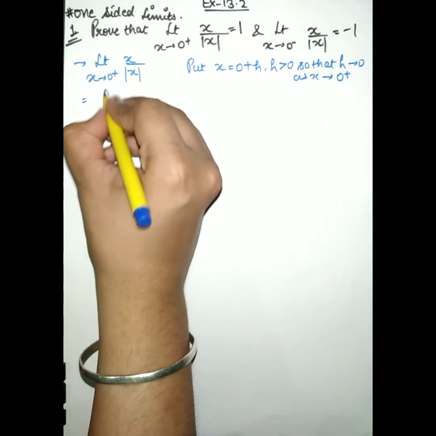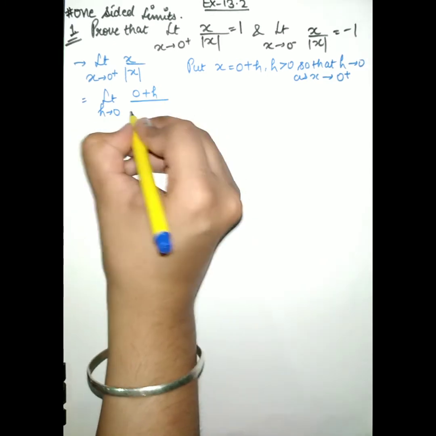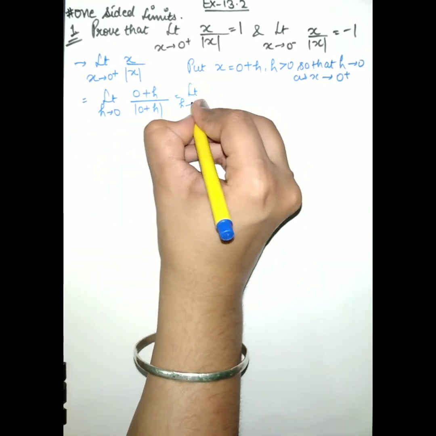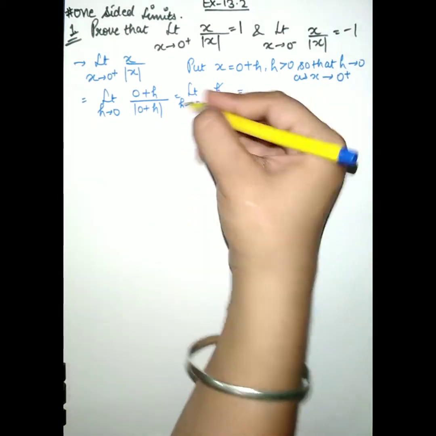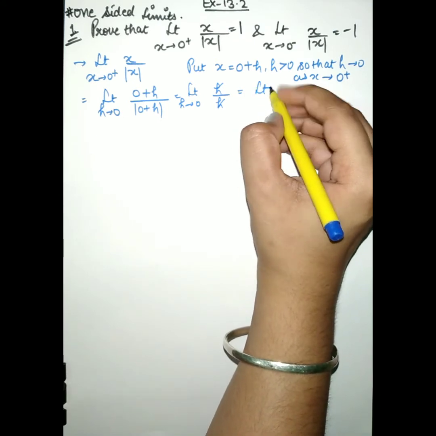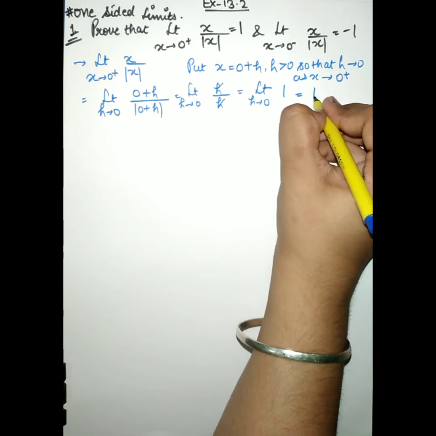Then it will become limit h approaches 0 of (0 plus h) upon mod of (0 plus h). It will become limit h approaches 0 of h upon h. By cancelling out this term, it will become 1. So limit h approaches 0 of 1 will become 1.